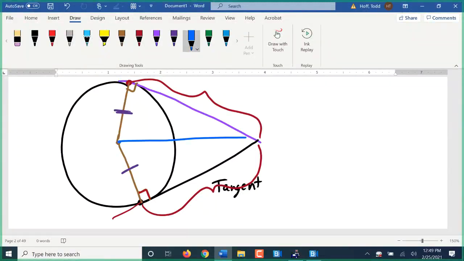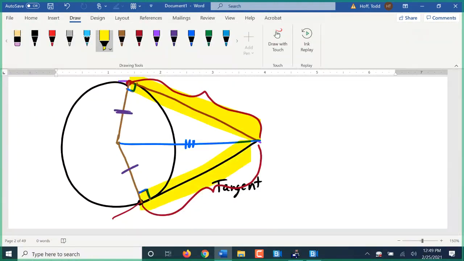If I connect this across here, that has to be equal to itself, right? Every line is equal to itself, so that's two sides of a right triangle, because there are right angles here, it's a radius on a tangent. If two sides of a right triangle are the same, because the triangle has to go with a squared plus b squared equals c squared, the third side has to be the same. So this length from the point of tangency to where they intersect has to be the same as that length from the point of tangency to where they intersect.